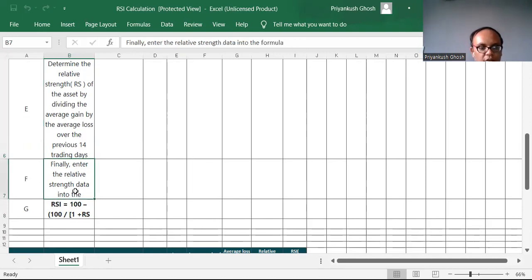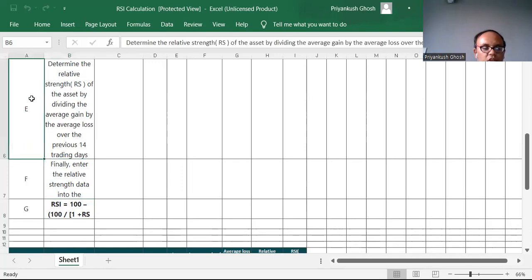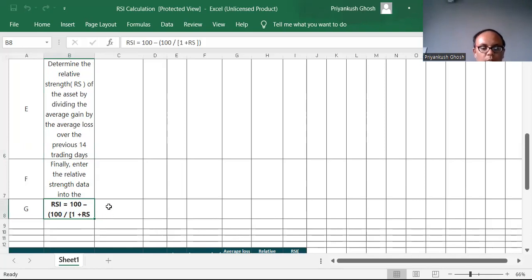Finally, enter the relative strength data using this formula: RSI is equal to 100 minus 100 divided by 1 plus RS, where RS is your relative strength from the previous step. Relative strength index is 100 minus 100 divided by 1 plus RS.